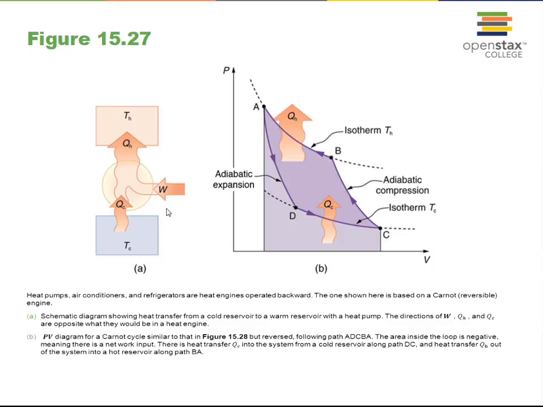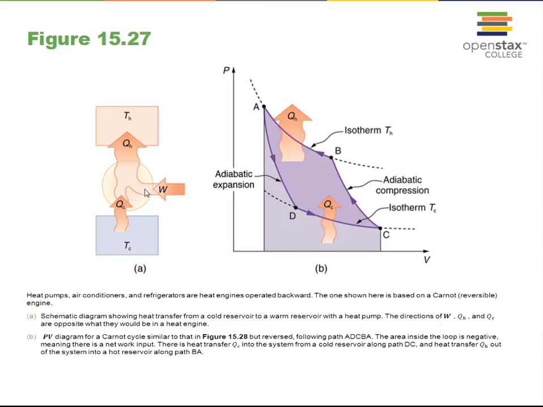For the heat pump, work is put into the mechanism. So you hook this up to an electrical power supply. Electrical energy will make the engine do its job, and in the process, energy is taken from the cold reservoir and moved to the high temperature reservoir.